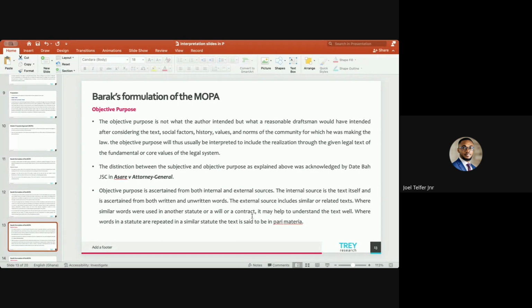But for the objective purpose, we are looking to determine what anybody who is a reasonable draftsman in his shoes at the time of drafting would have come to if he paid attention to the context, such as social and normative values, our history, and the principles that underlie our legal system. That is the objective purpose.